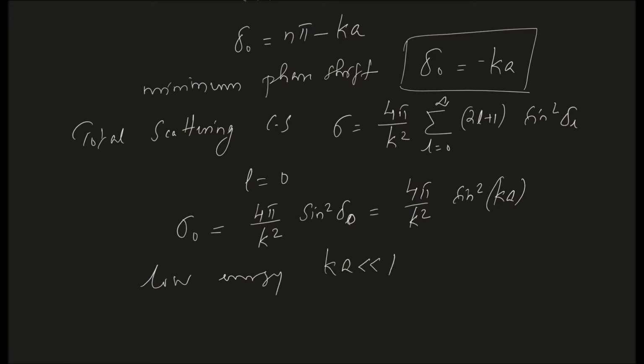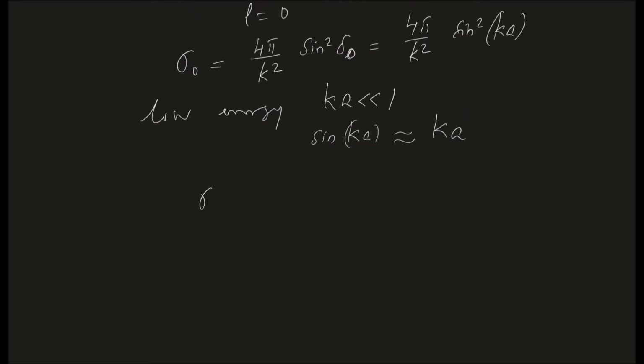So for very low energies, we have this quantity Ka, which is far less than 1. So you can write sine Ka, for very low energy, as approximately equal to Ka. So the scattering cross section can be written as 4 pi by K square, then we have K square A square. So this is equal to 4 pi A square.